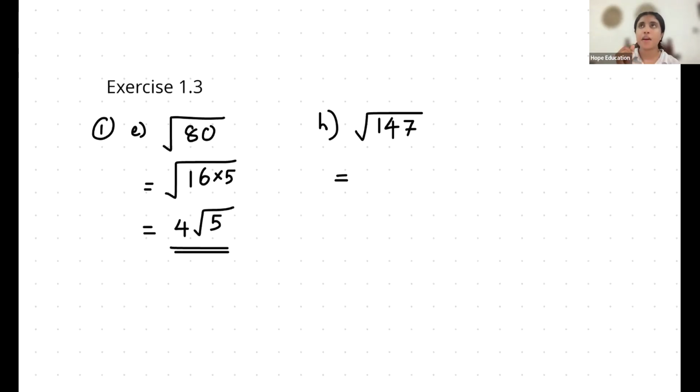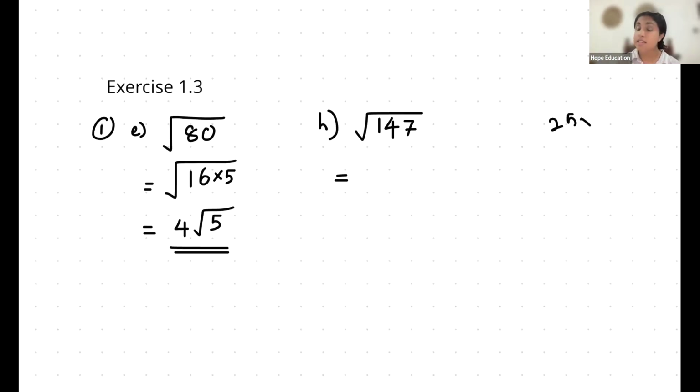So we check our perfect squares. 4 times what gives 147? The next perfect square is 9, then 16, and that doesn't work either. Then our next perfect square is 25, that doesn't work.